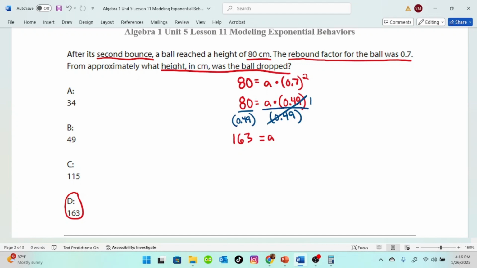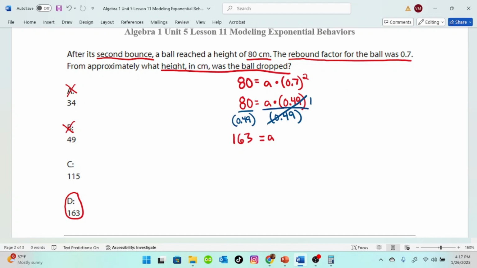Now, logically, you could have eliminated A and B just because we could not have dropped a ball from 34 centimeters or 49 centimeters, had it bounced twice with a growth factor less than 1, and end up with a higher bounce on that second bounce.